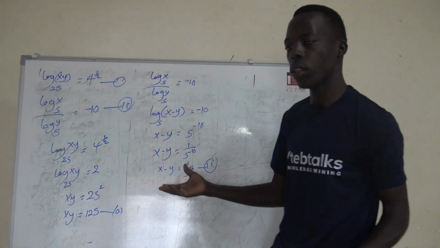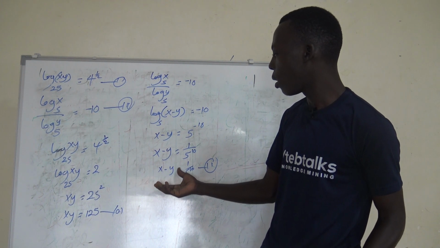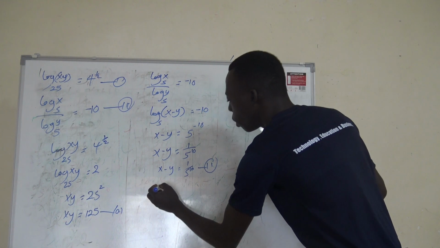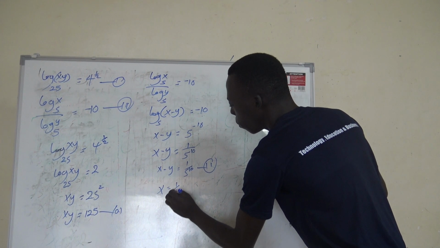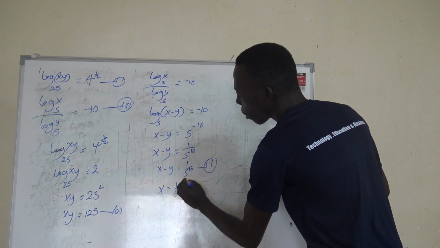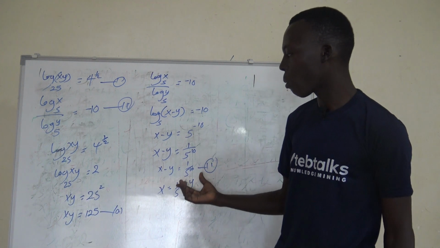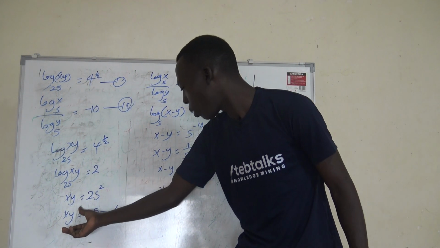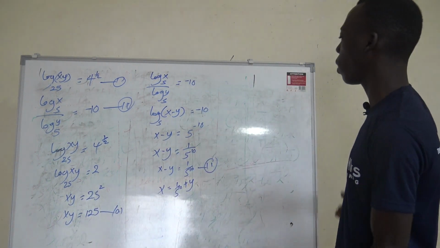After getting this one, we express it in terms of x or y. If we express it in terms of x, it is 1 out of 5 power 10 times y. So by getting this one, we can put it in the other equation and get the values.